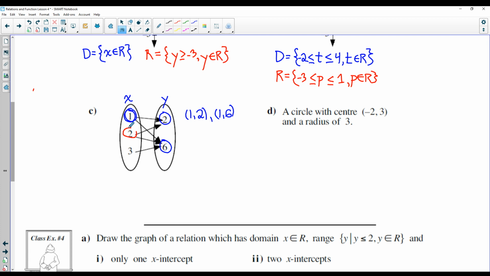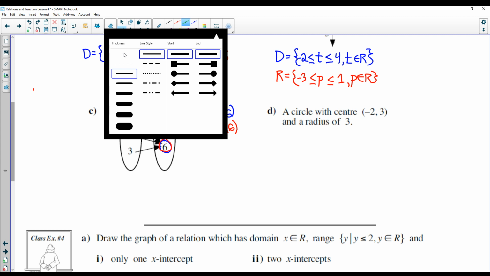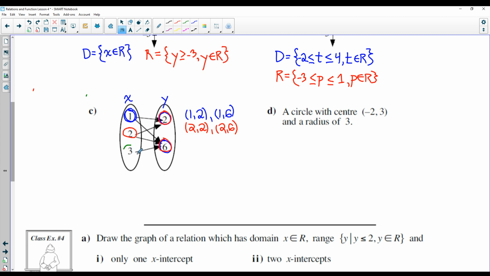If x is 2, then y could be either +2 if you go up to the top, or it could be +6 if you go down to the bottom. So you could also have 2, comma, +6. And here, 3. If x is 3, there's only one spot the arrow goes to, and that's going to be y is equal to 6.